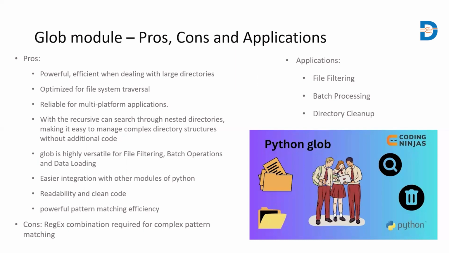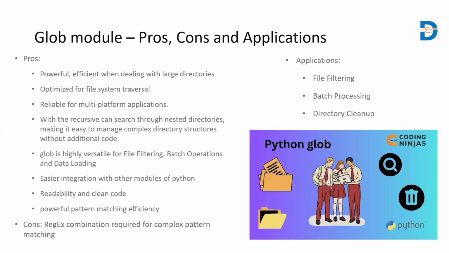For file filtering, in many scenarios you may want to find specific files for processing. It is also convenient for batch operations, like when you want to rename a batch of files, move a set of files, or delete a set of files. The Glob module makes your job easy by enabling easier file retrieval.